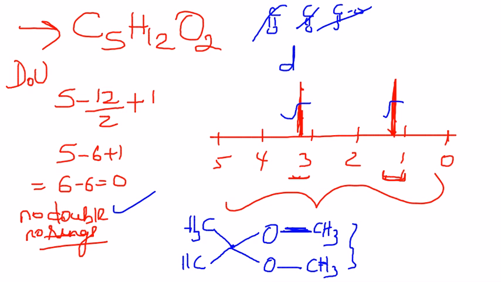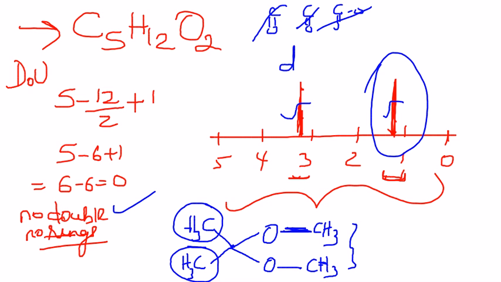Now my other peak is supposed to be at 1, so it should not be connected to anything electronegative. And notice the way I have the two methyls here, they are not connected to anything electronegative, and so that gives you information that one of your possible structures can be the one that I have, for the reasons that we just described above.